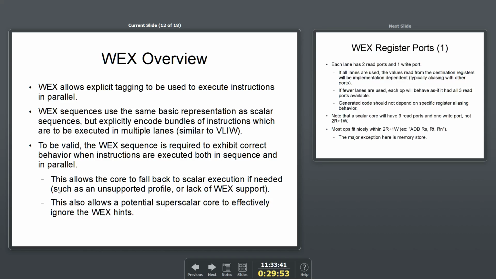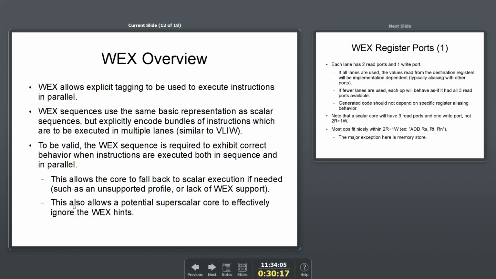In this case, it would need to cause WEX to be disabled and fall back to scalar execution. However, 2 wide code can be run on a 3 wide core without issues, so that is something.